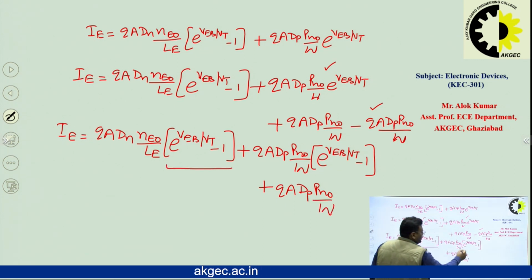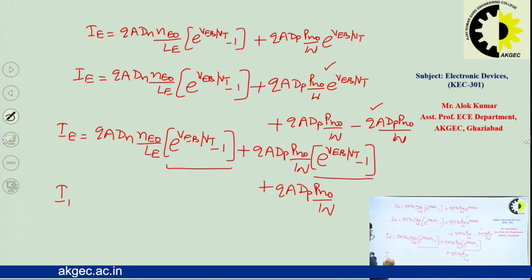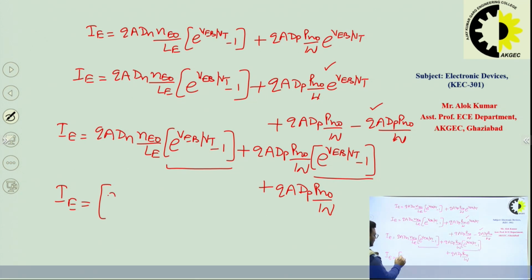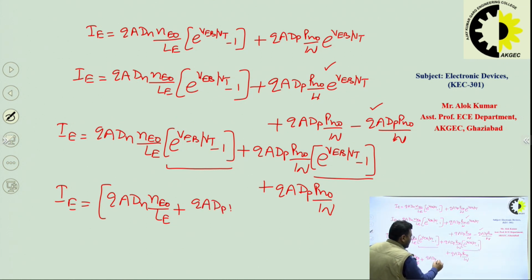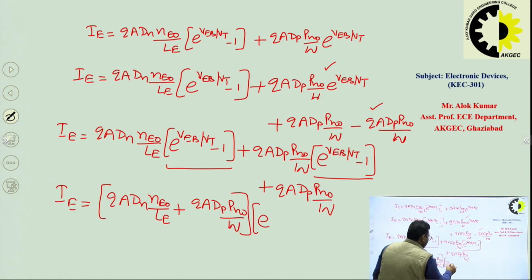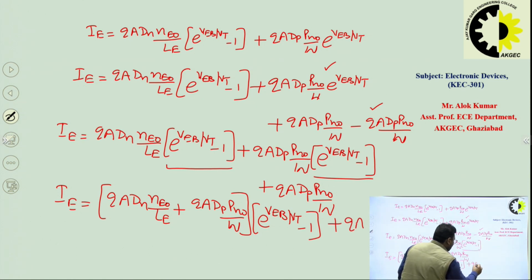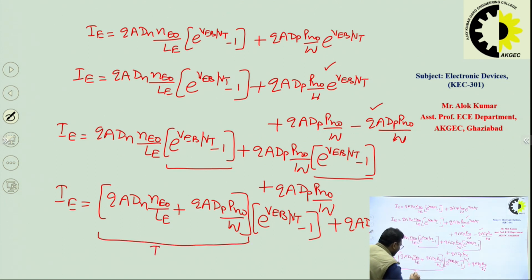Now these two terms are common, so I can take them common. So IE will be QA dN NE naught upon LE plus this term QA dP Pn naught upon W into e to the power VEB upon VT minus 1 plus QA dP Pn naught upon W. Now this term we can write as IE naught.